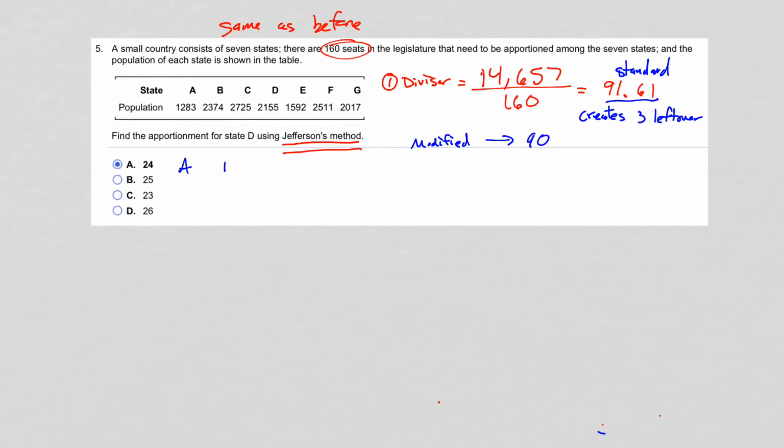So I'm just going to save the time and write it in. Divide all these populations by 90, and let's see if we get 160 seats from that.